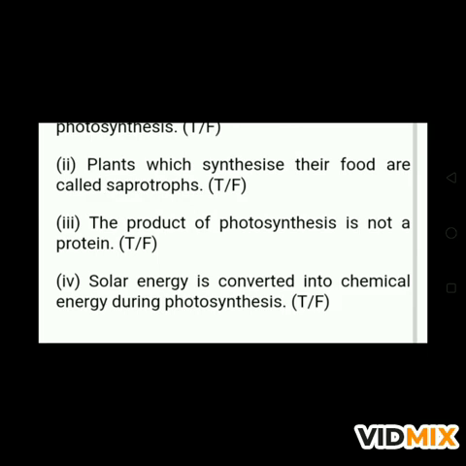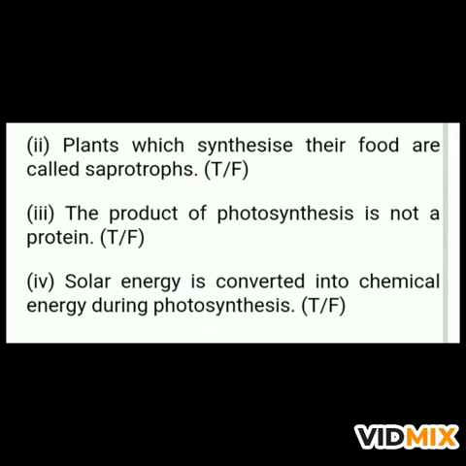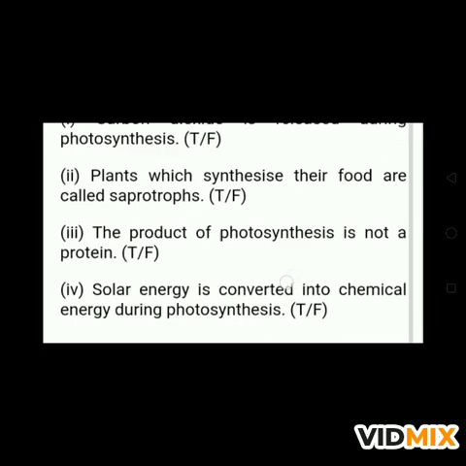And the answer is false. The plants which synthesize their food are called what? Autotrophs, not saprotrophs. Third one, the product of photosynthesis is not a protein. So the answer is what? True. Fourth one, solar energy is converted into chemical energy during photosynthesis. So the answer is true.